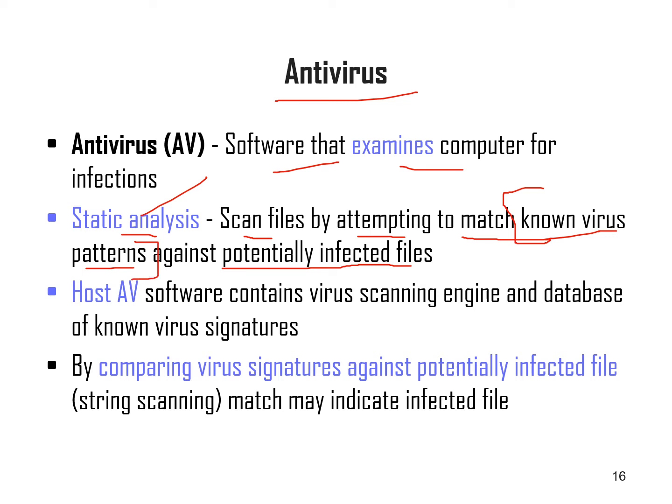So keep it in your mind that it will scan the files. The system has a number of files, so each file will be scanned based upon matches to the known virus patterns. If a file has some virus pattern, then I have to quarantine this file. So this is called static analysis. Static analysis doesn't have any database.